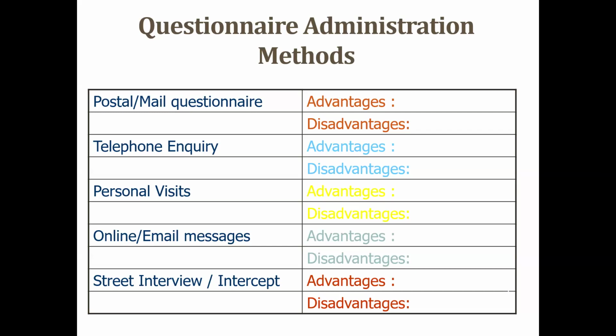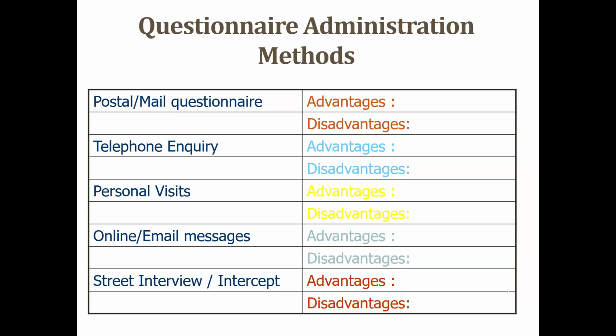What people do is they pick a return envelope with a stamp that you have paid for, like we used to do in WAEC some time ago, and you put it in the parcel and you send. So that when the respondent has finished completing the questionnaire, they can put it in the return envelope and post it at no cost to them. So that is what I can say about mail questionnaire administration.